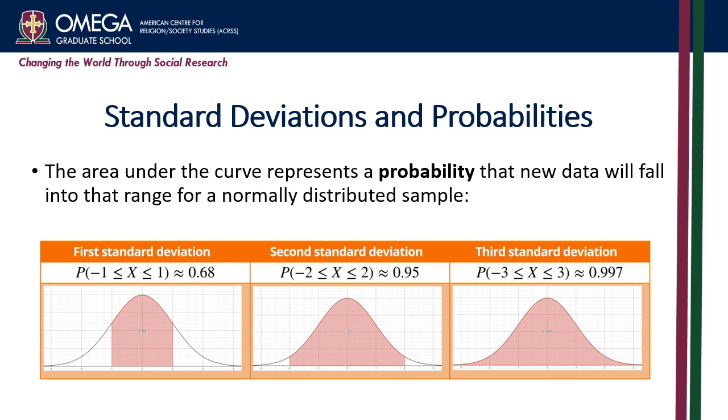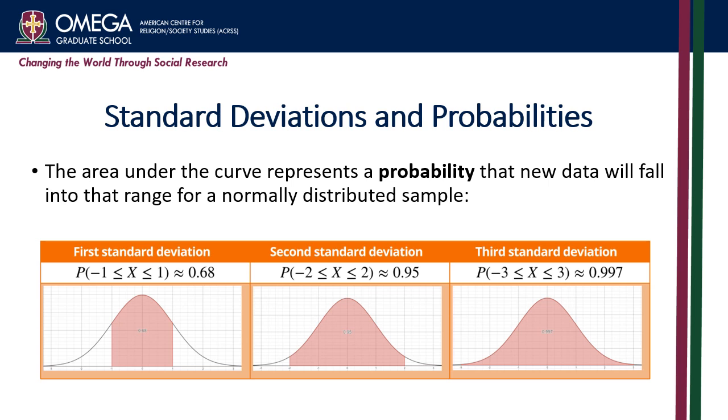So for example, if we're looking at one standard deviation from the mean, there is a 0.68 or 68% likelihood that any new data we introduce is going to fall within that range. If we move out to two standard deviations from the mean, now we're covering a much wider range of that graph. We have a pretty good chance. It's 95% probability that any new data we introduce, so 95 out of 100 new data points, will fall into that range.